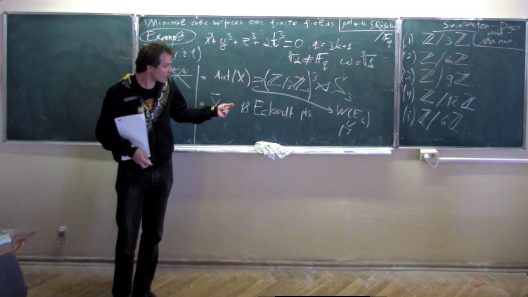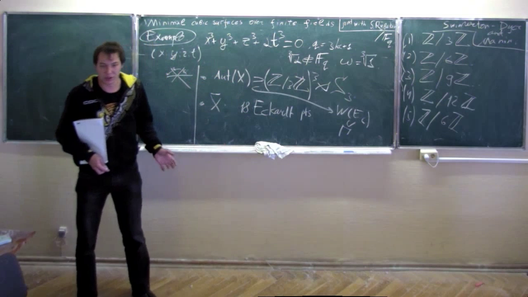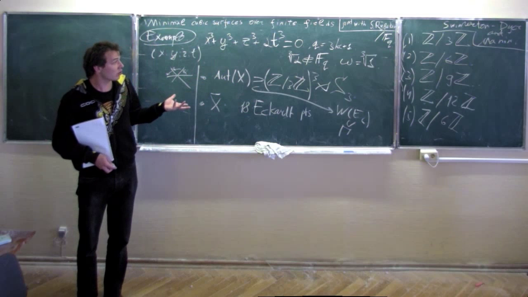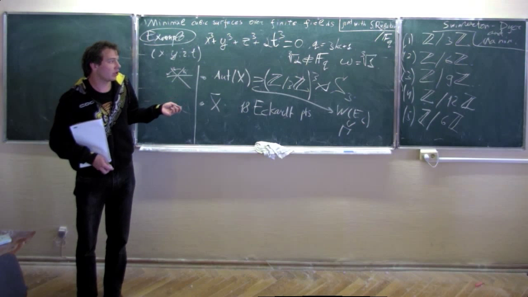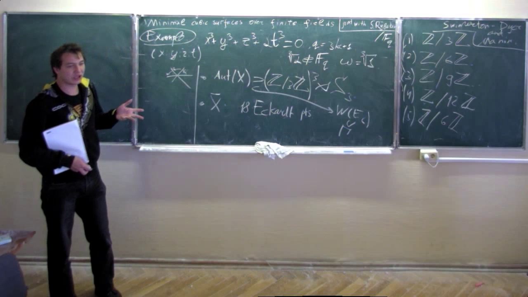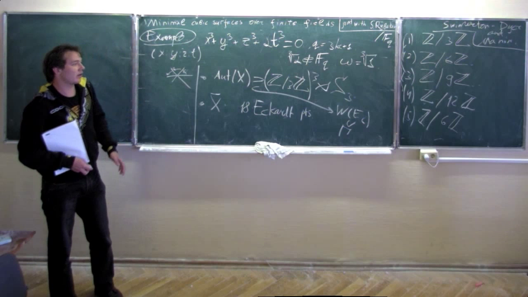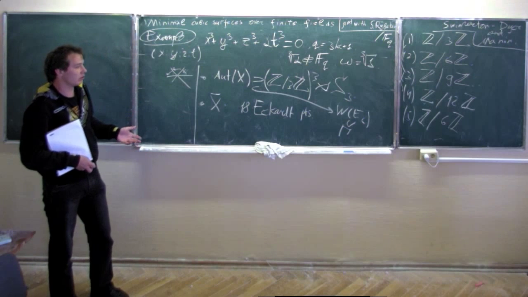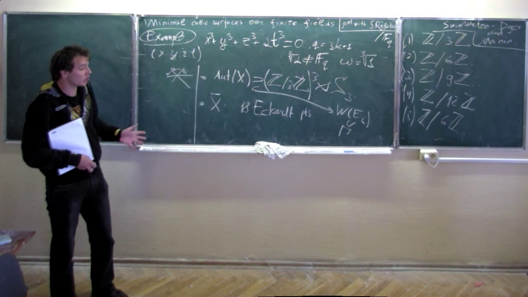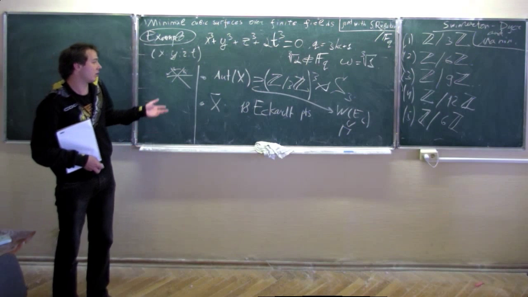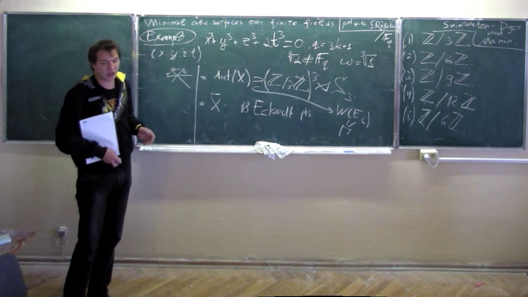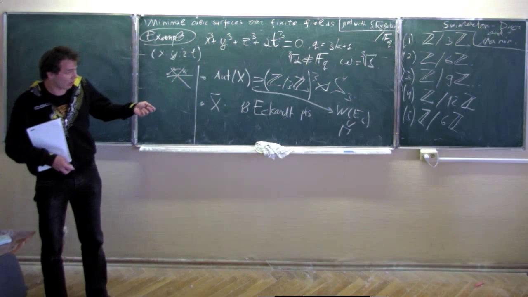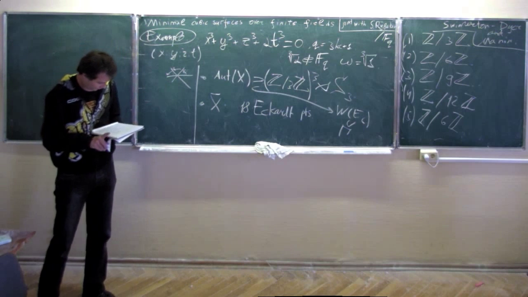And the second thing is Eckart points. Since we can find such points on a surface, we can look at these points, write down the equation of the tangent plane, then find some lines on the surface, and so we have a point to start our computation.